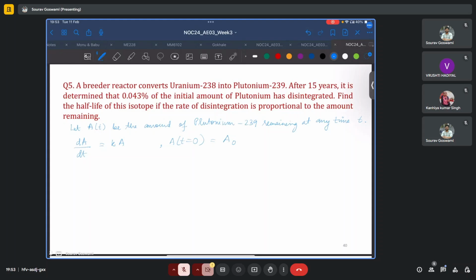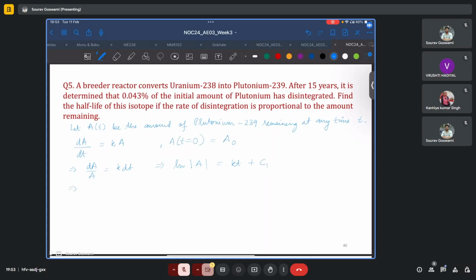Now, if dA/dt is equal to kA, let us try to solve this. So dA by A is equal to k dt. And if we integrate this, we have ln of mod A is equal to k times t plus C1.